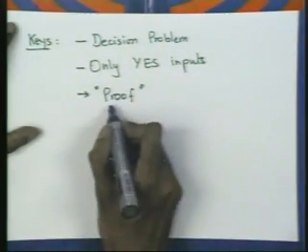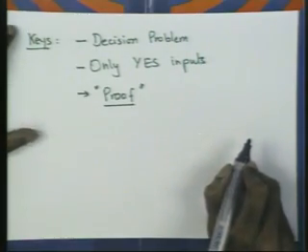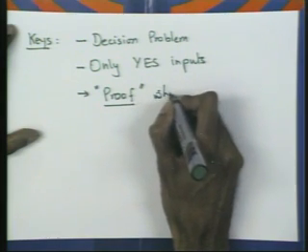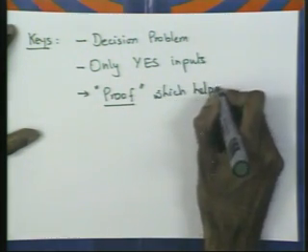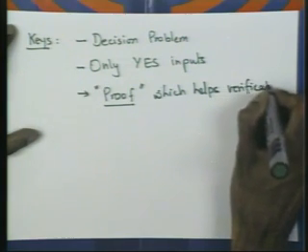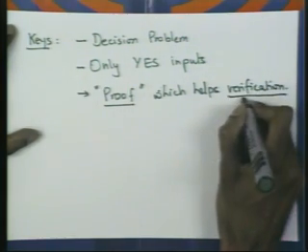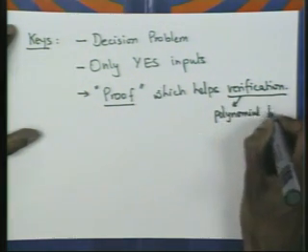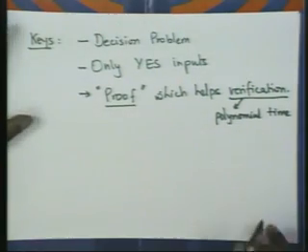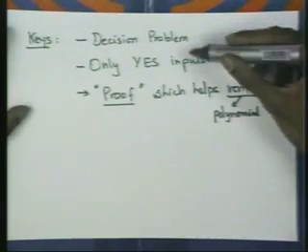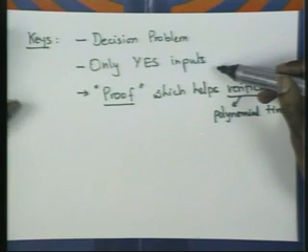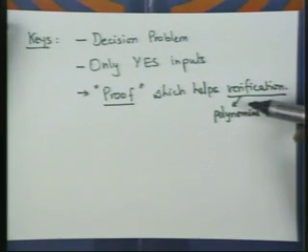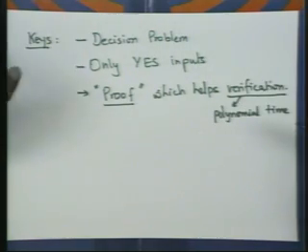This proof should help the verifier verify that it's a yes input, which helps verification, and this verification has to be in polynomial time. So these are the crucial things. It has to be a decision problem. We only look at yes inputs. It's only for yes inputs that the prover has to convince the verifier, and to convince, he can give a proof which can help with the verification.